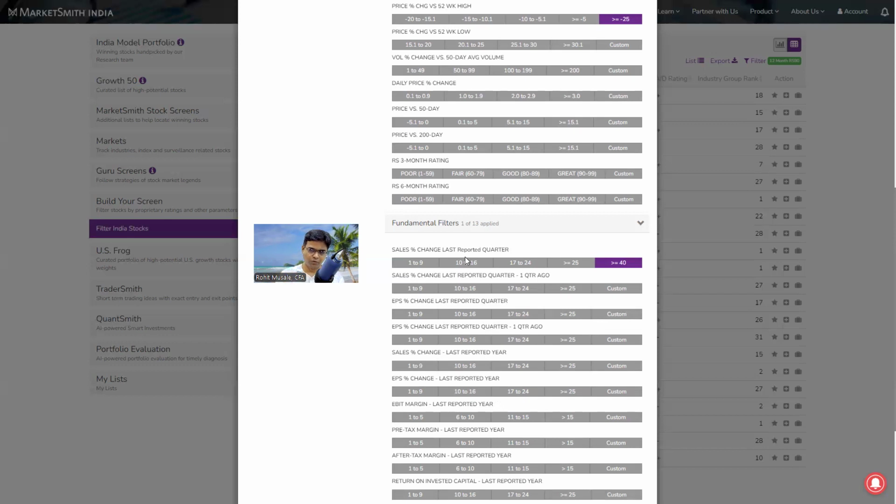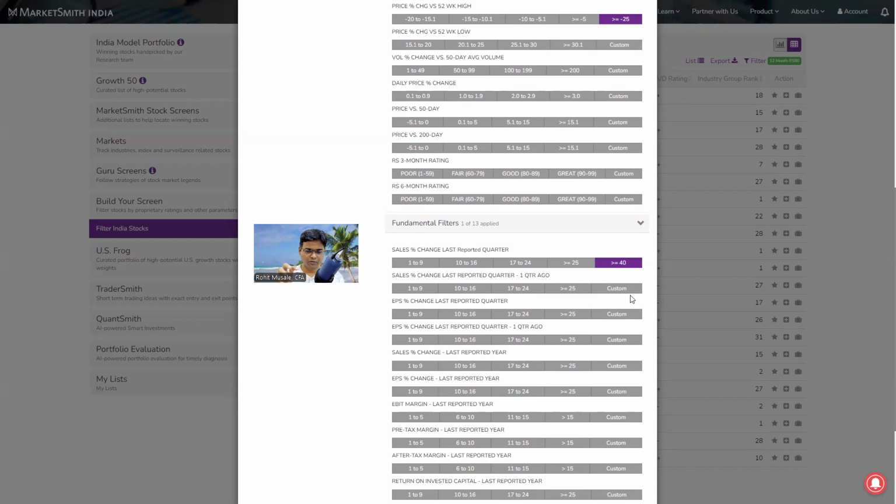But what you could do is you could remove this filter, take all the list and check only those stocks where either the current quarter sales growth is 40% or more, or the average of the last two reported quarters. Let's say one quarter it's 60%, another quarter is 30%. So the average becomes 45%, right?